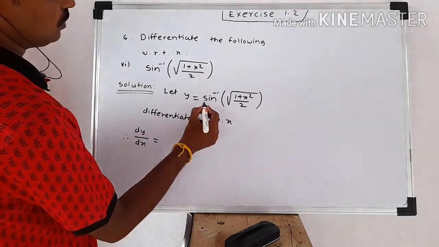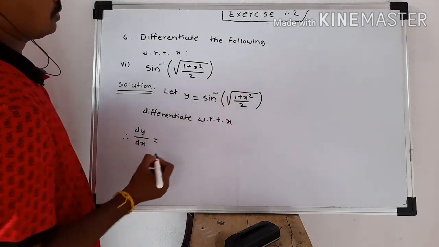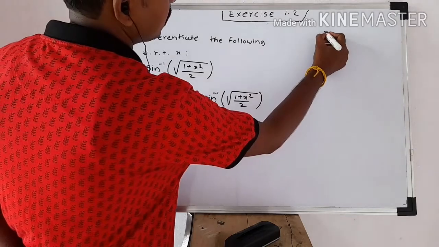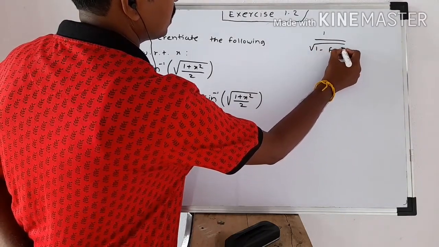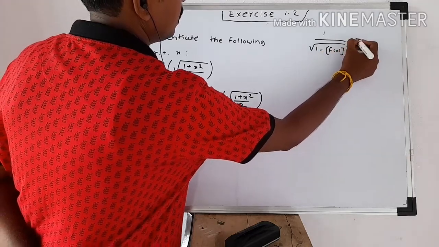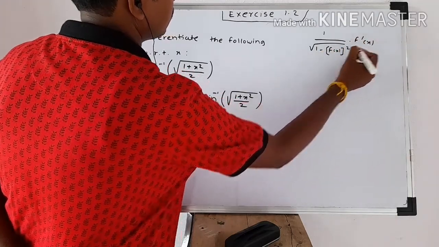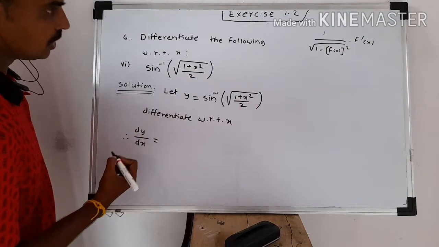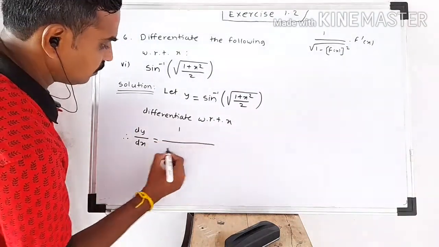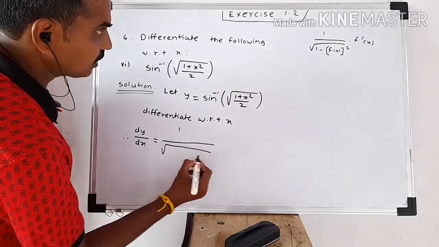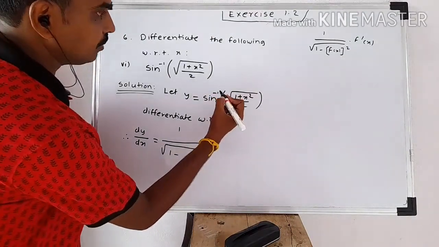Now here we have to use the formula for sin inverse of f of x. What is the derivative of sin inverse of f of x? It is 1 divided by root of 1 minus f of x square into f dash of x. First of all we will use this formula here. Now the derivative will be 1 divided by root of 1 minus, what is f of x here?